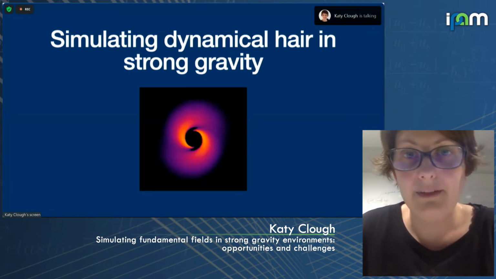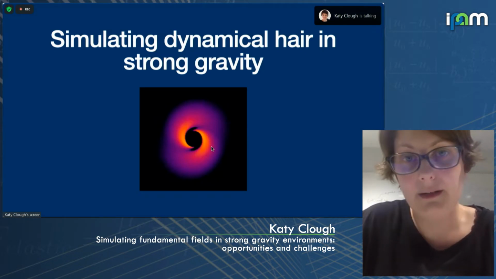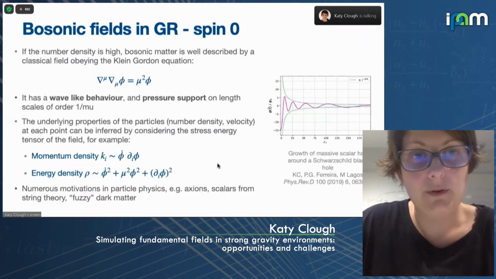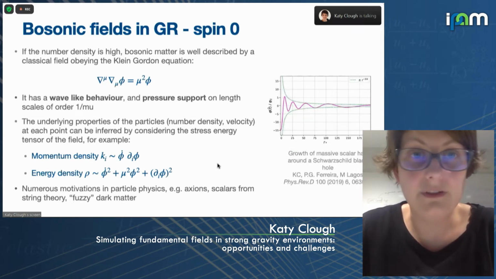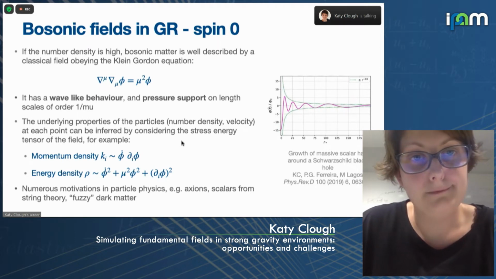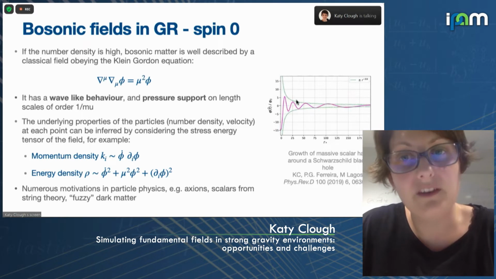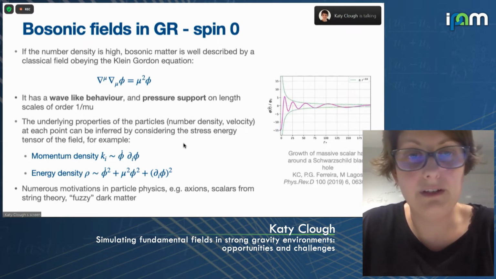Okay, so simulating dynamical hair in strong gravity. How do the simulations work? It's very straightforward. We are evolving just the Klein-Gordon equation in the spin zero case. The Klein-Gordon equation is a wave equation, so this gives you this wave-like behavior that you can see very clearly in this picture of accretion.